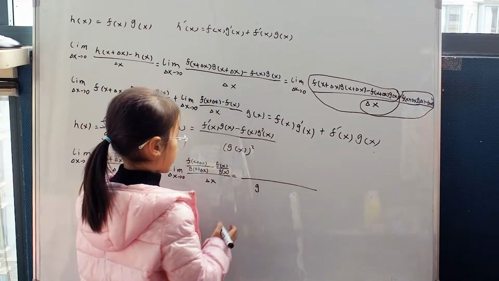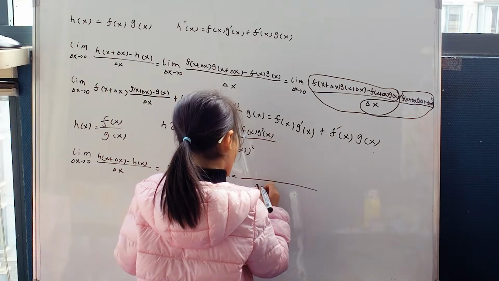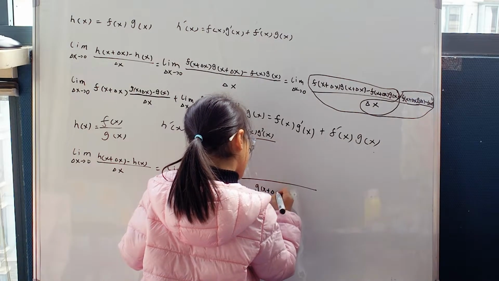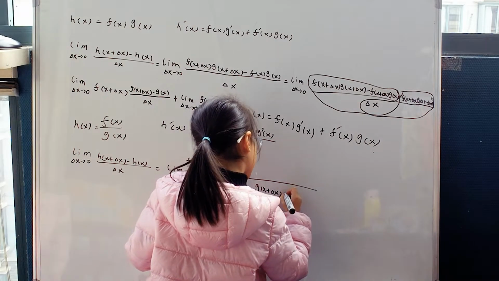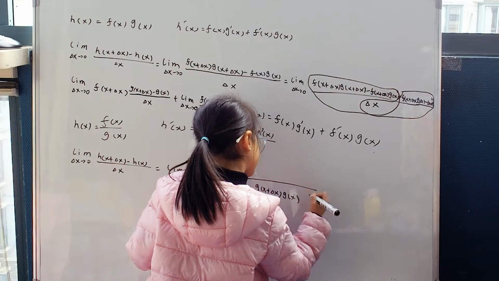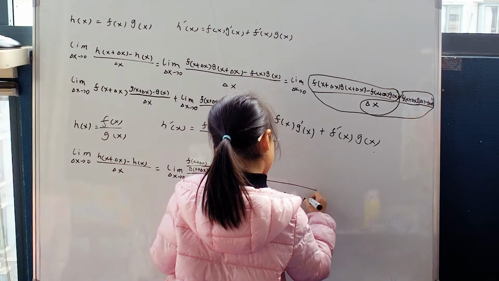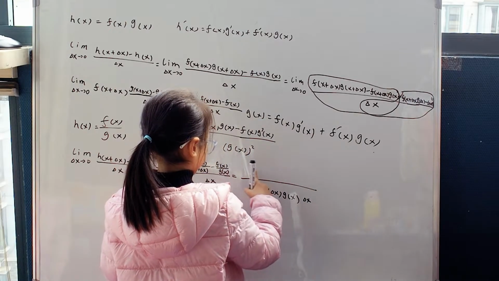The denominator is g(x plus delta x) times g(x).